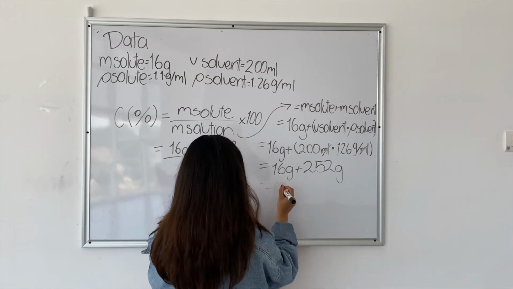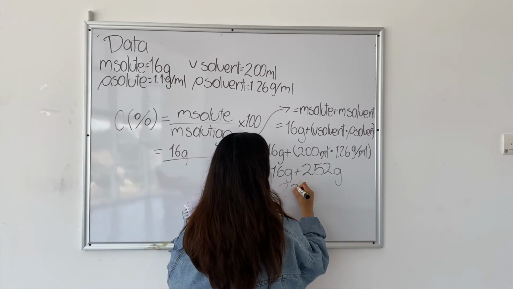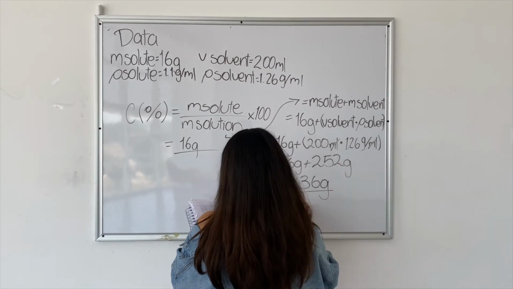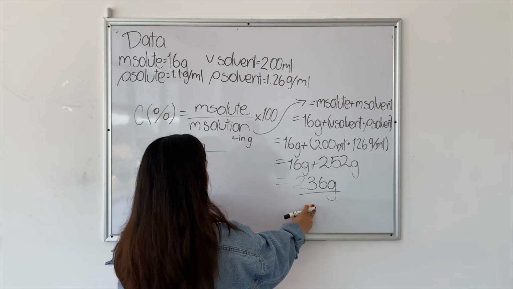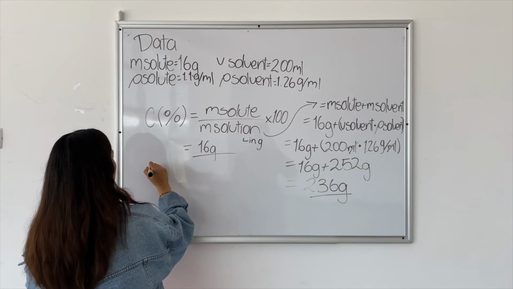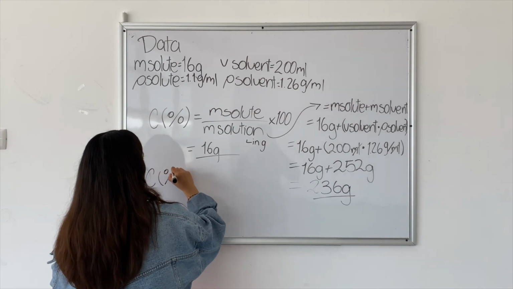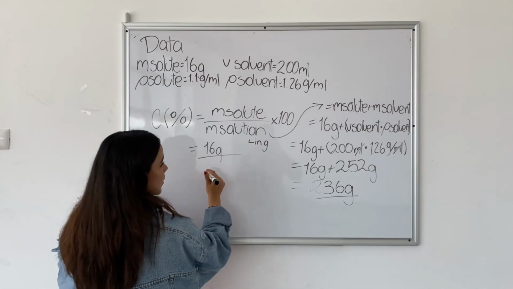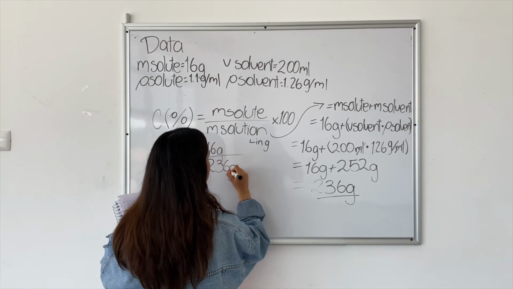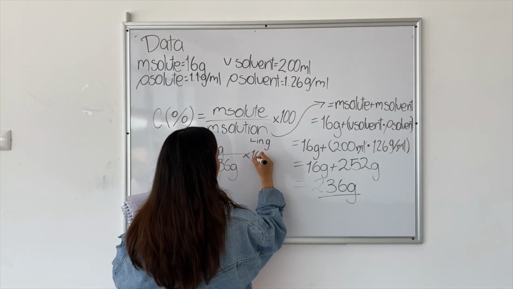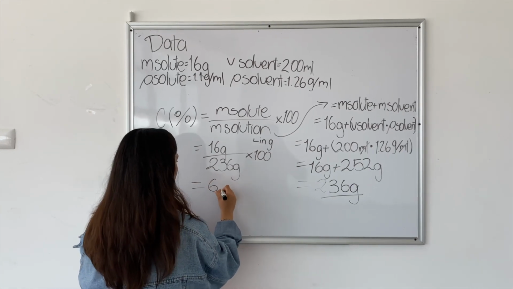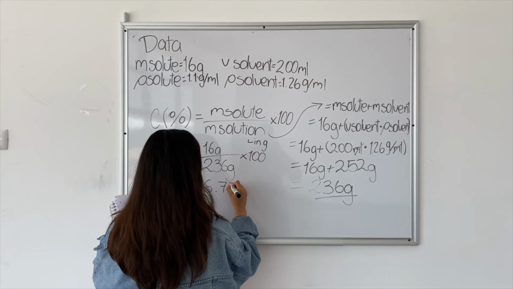The result of this would be 236 grams. Okay, so now we got our mass of solvent. We can finally solve the formula, which would be 16 over 236 grams times 100. And our final result is 6.77 percent.